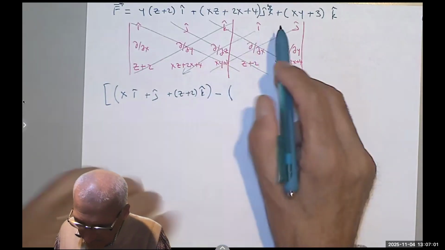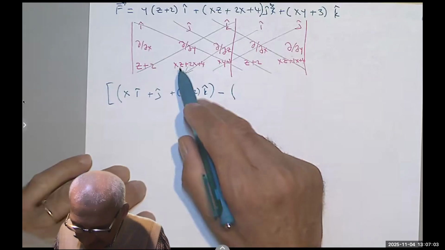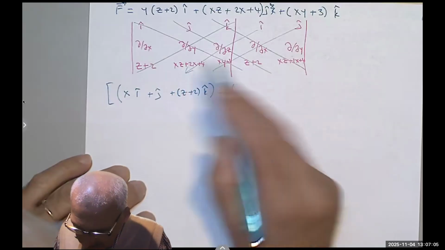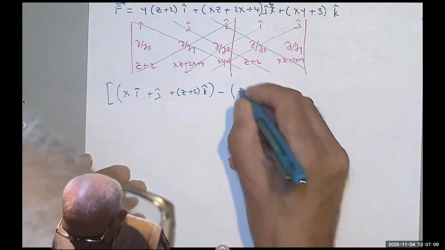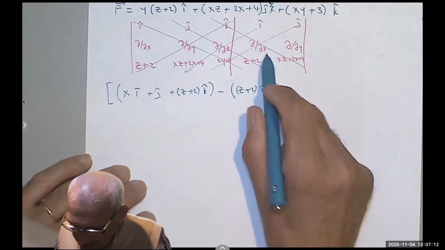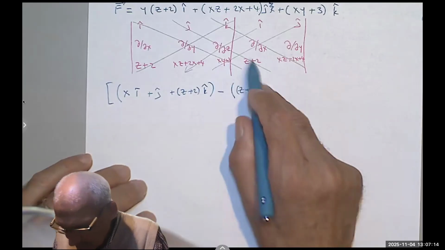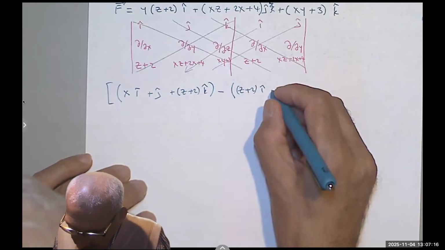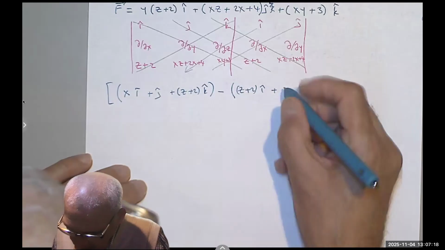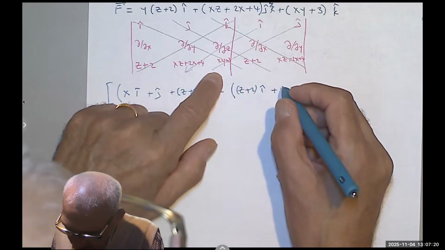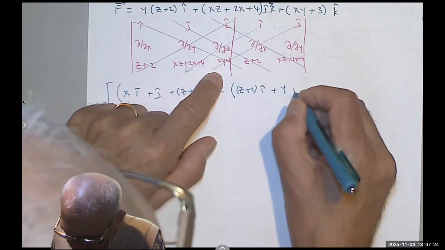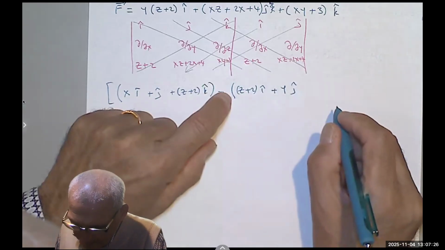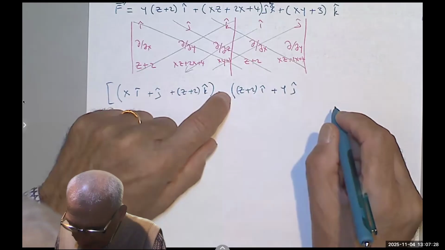Partial z of that, we said it's z plus 2, so y plus 2 i. Oh, I'm sorry, that's partial y. And then partial x of xy plus 3 is y, so yj.